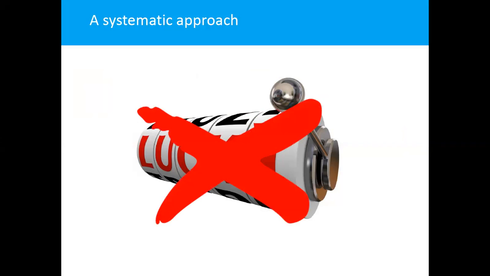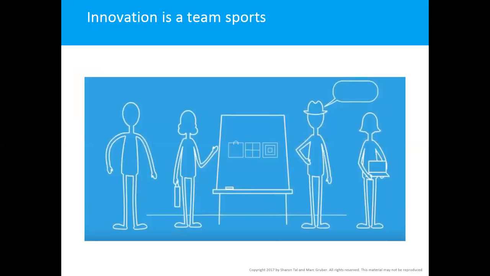We should not rely on luck to identify our most promising path for future growth. The second thing that using this structured process allows you is to work in a team, share, debate, discuss, and then reach agreement. So after all, innovation is a team sport, and it's important to keep this in mind.